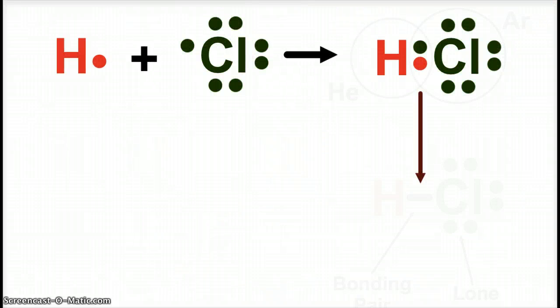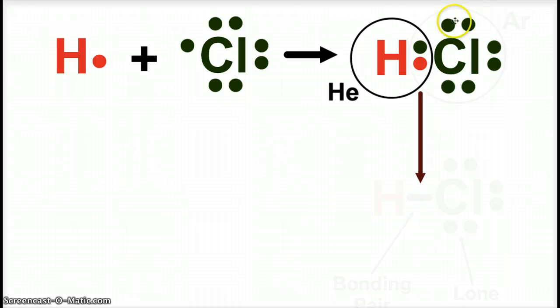So again, why is this happening? Well, here's hopefully a diagram that looks familiar to you. So we have a hydrogen atom with 1 valence electron, chlorine with 7, and they're going to share. And hydrogen is happy because it feels like it has 2 electrons like helium. Chlorine feels like argon with its 18 electrons, 8 valence.